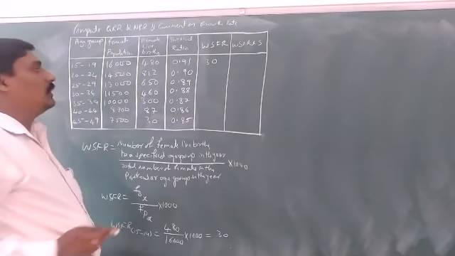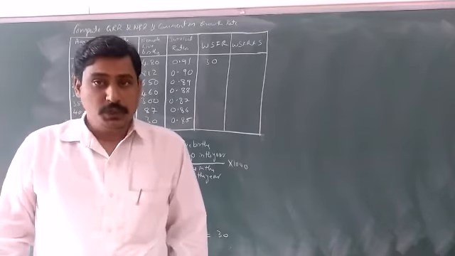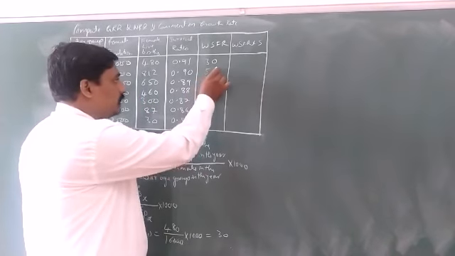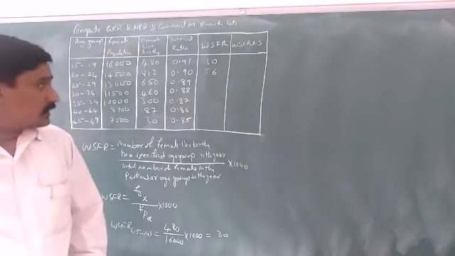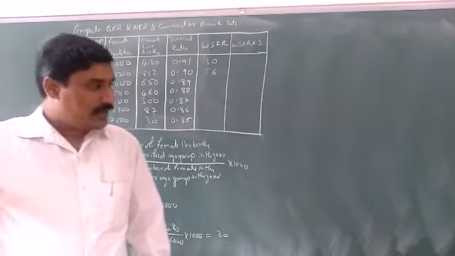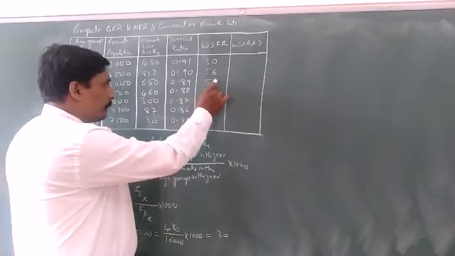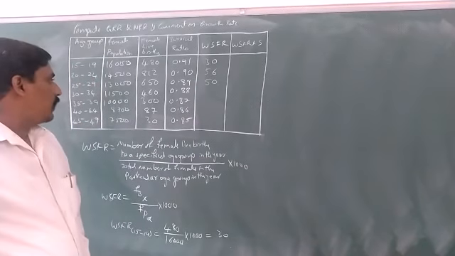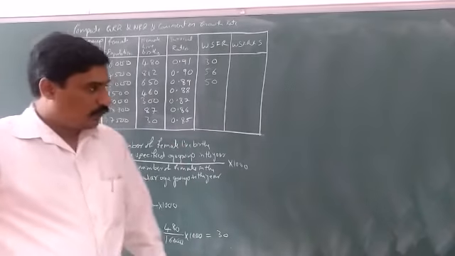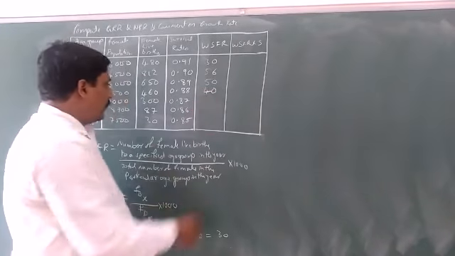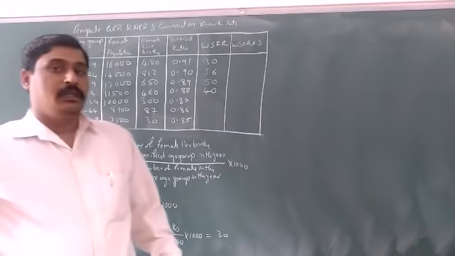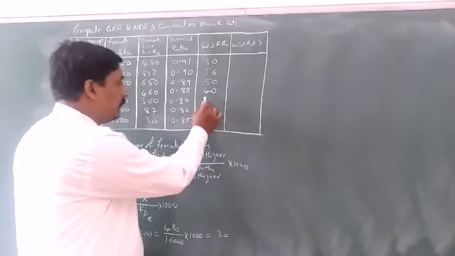So 812 divided by 14,500 into 1000, we get 56. So second WSFR is 56, and next third one 650 divided by 13,000 into 1000, we get 50. Next 460 divided by 11,500 into 1000, we get 40. And fifth age group 300 live births divided by 10,000 into 1000, we get 30.